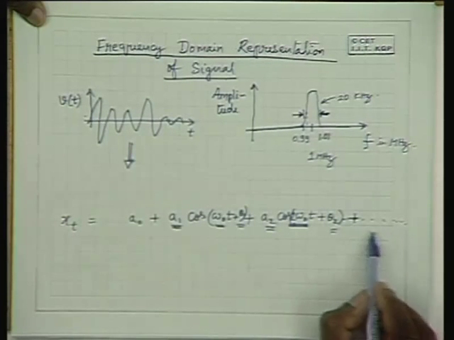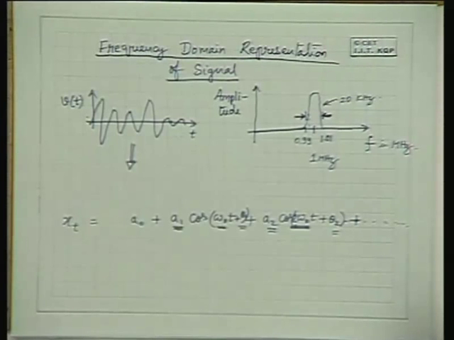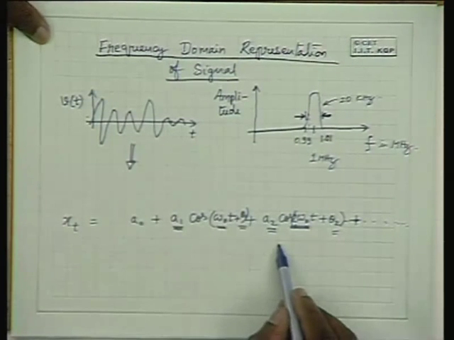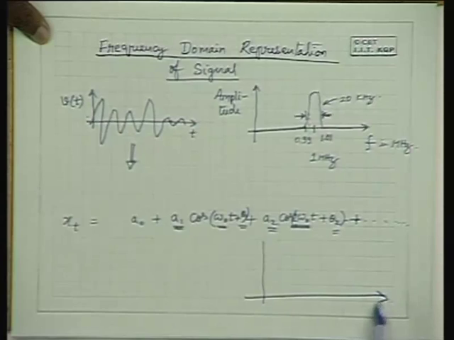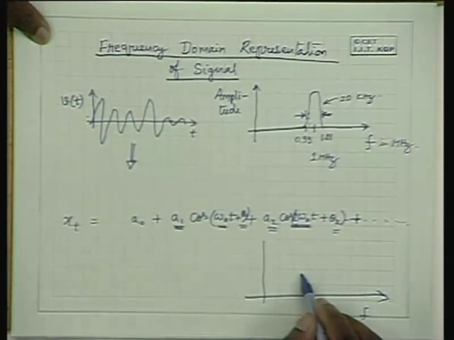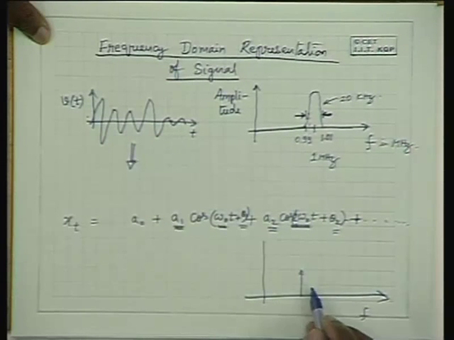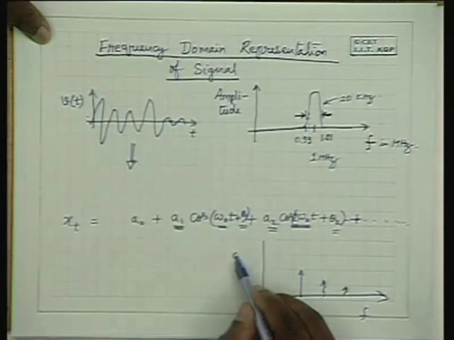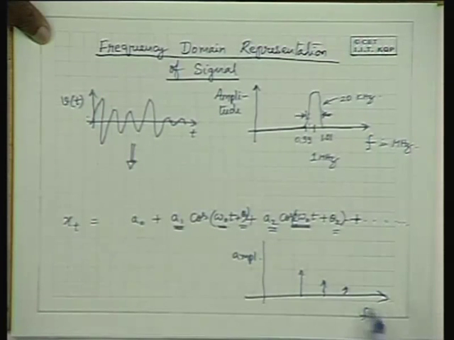It may have 3 omega naught, amplitude A3, and so on. If you plot frequency versus amplitude, at omega naught I have so much amplitude, at 2 omega naught so much, at 3 omega naught so much. So this is the amplitude versus frequency plot.